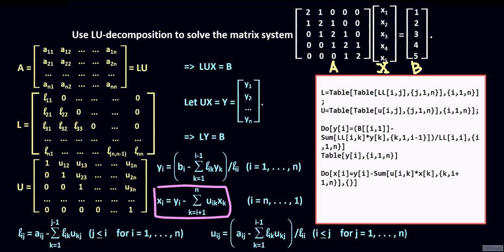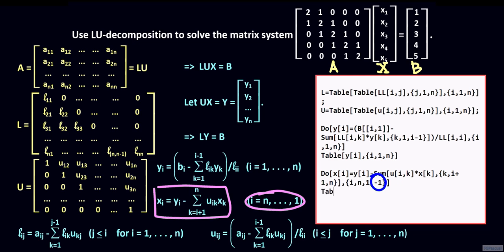We must remember now that it is a reverse recursion for the x sub i's, where the index i starts at n and goes down to 1. So for the counter for the do loop, we type i, comma n, so that i starts at n, comma 1, comma minus 1. This minus 1 instructs the do loop to decrease i by 1 at each step.